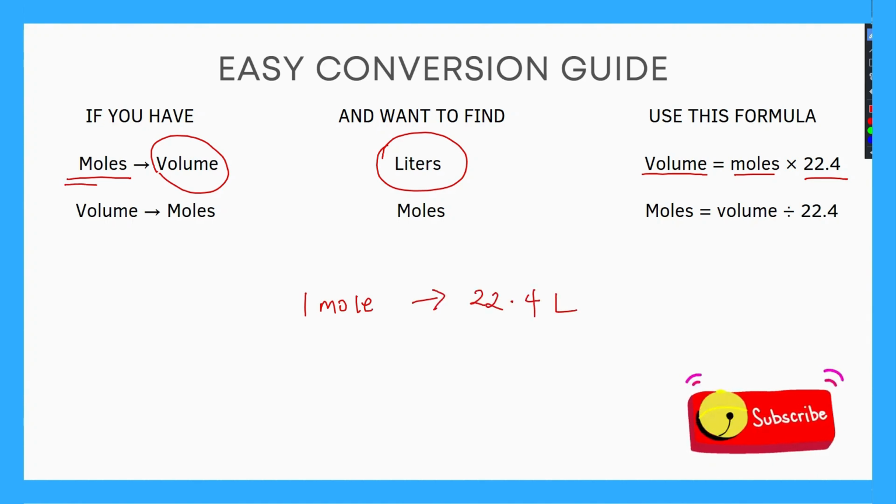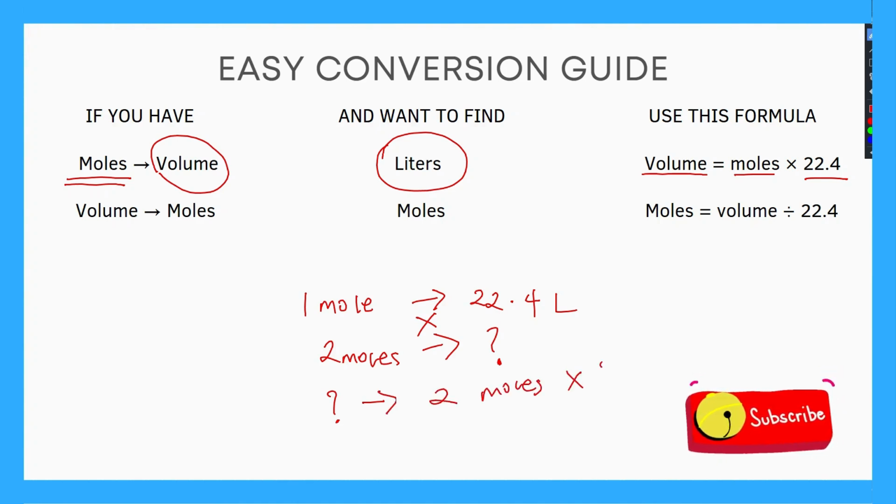So if you have 2 moles of a gas, it will occupy an unknown amount of volume. If we cross multiply, the volume it will occupy will be 2 moles, which is the number of moles, times 22.4. And that proves this formula: number of moles times 22.4.